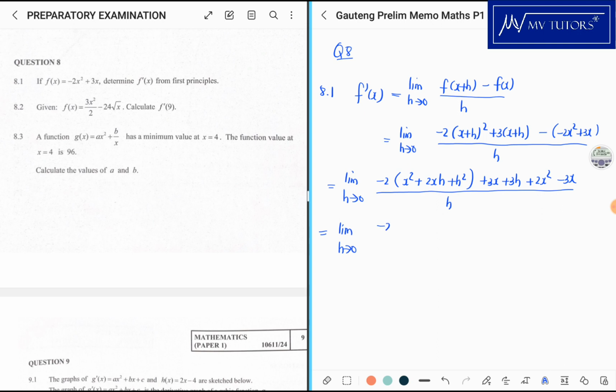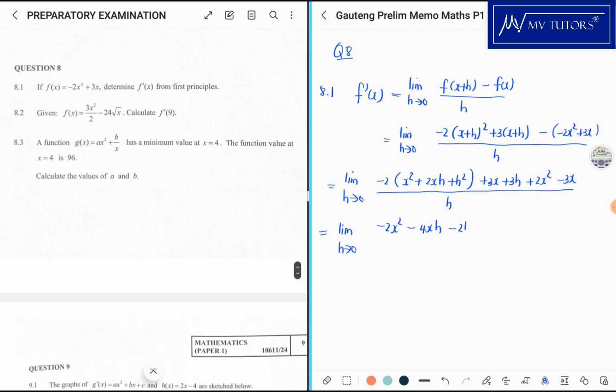Now we have negative 2x squared, negative 4xh, negative 2h squared, and then plus 3x plus 3h plus 2x squared minus 3x. Now it's time to cancel. Negative 2x squared and 2x squared cancel. 3x and negative 3x also cancel.